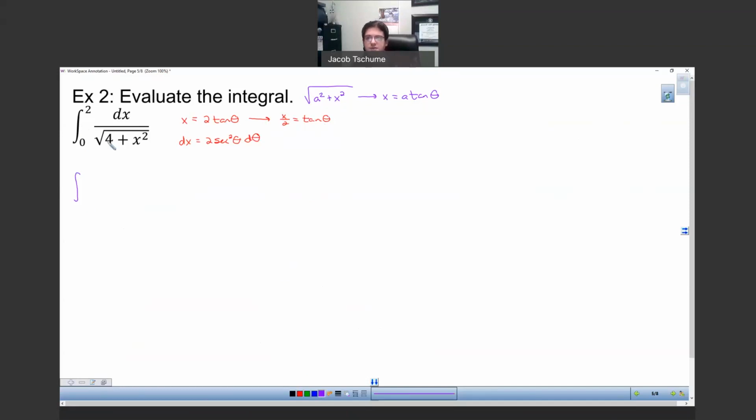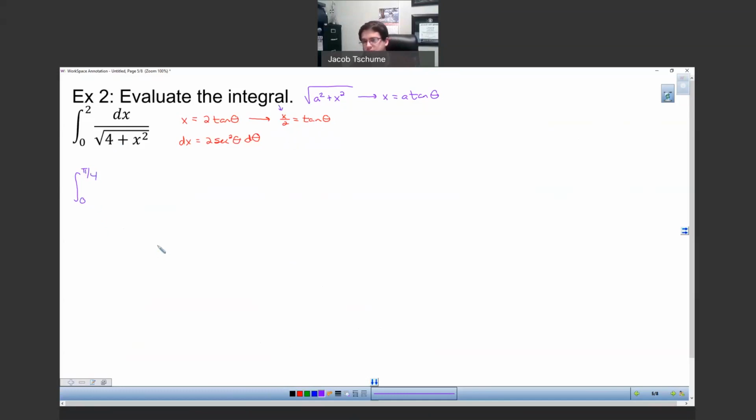So starting with 0, if you let x be 0, that means that tangent of theta equals 0. The only value where tangent is 0 in your interval from earlier is 0. And then if you plug in 2, that would give you 1. Tangent is 1 at pi over 4.